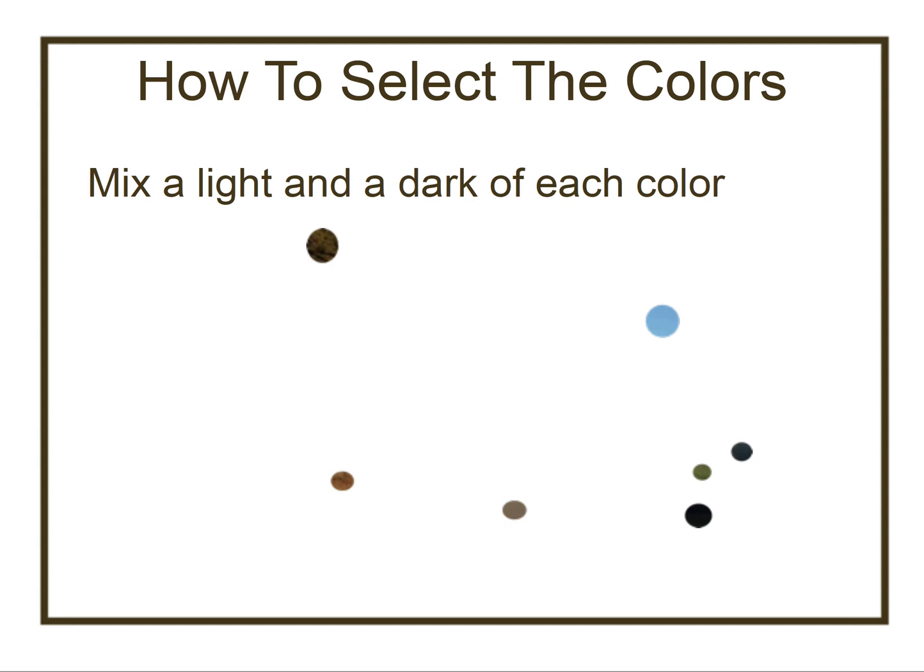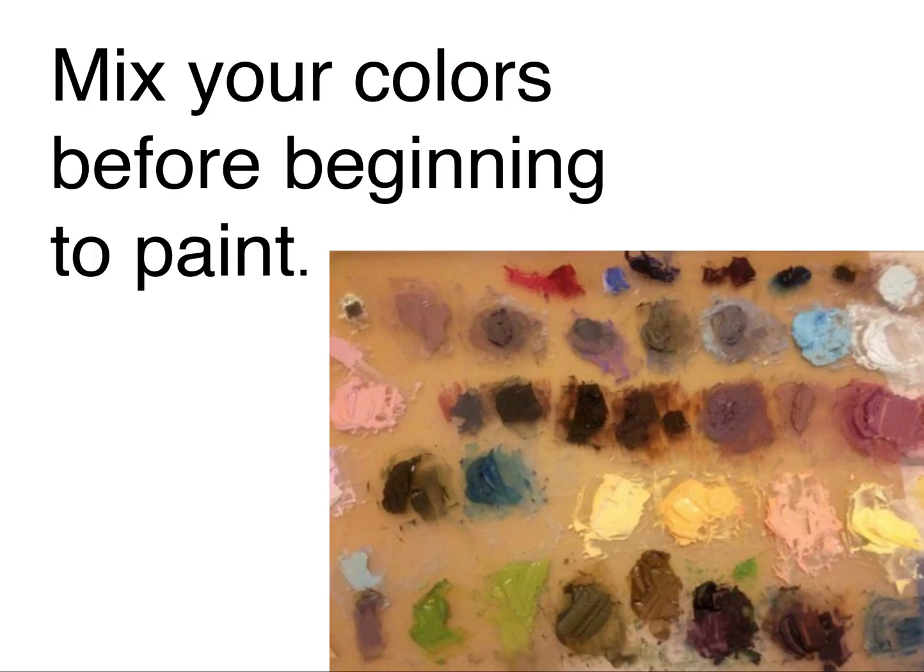I'm going to have the main color, and a light and a dark of each one. And you can see that on the palette here. So I've actually mixed a few more than I needed, but I've mixed a light and a dark of each of the main colors.